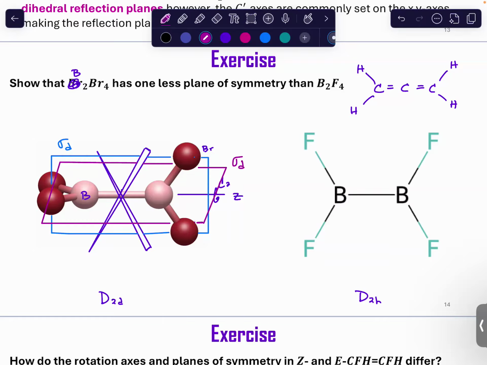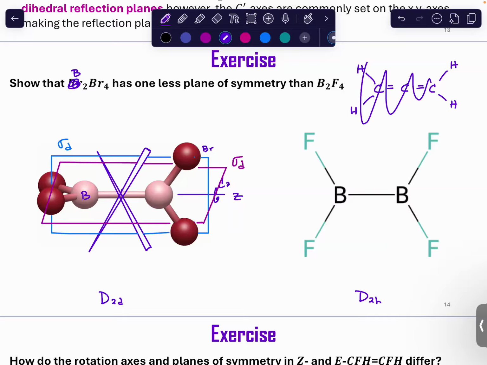Again, I'm going to draw these the best I can. This is why I gave you the websites. It is going to draw them so much better. And you'll be able to look at the planes one at a time. For sure. Okay, so those are the only planes that we have in this one. The rotation axes on the B2F4 are easy, so just do the planes.